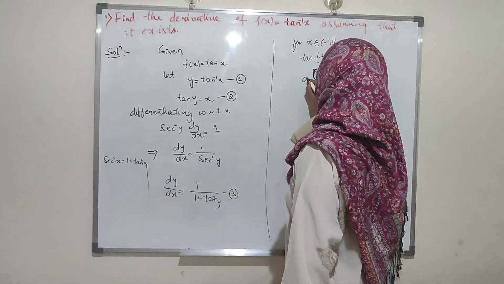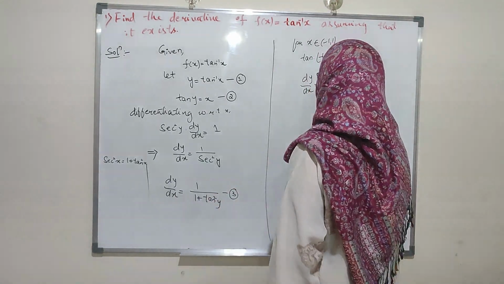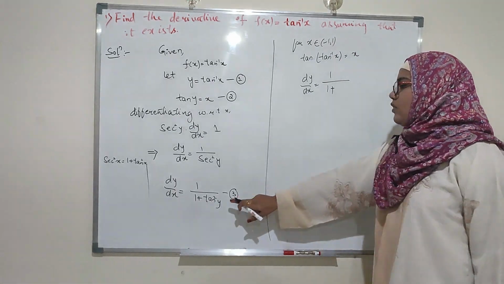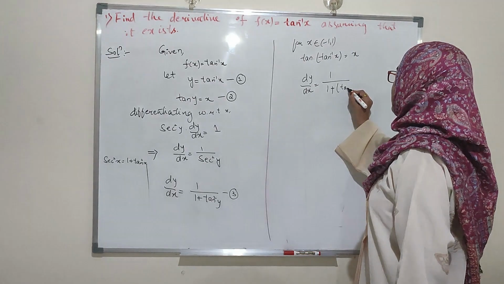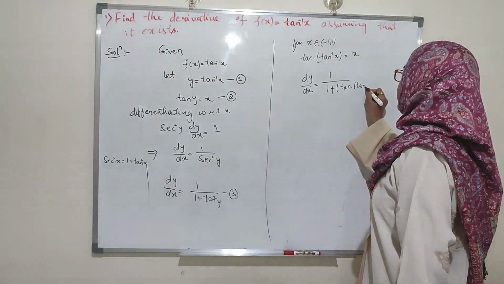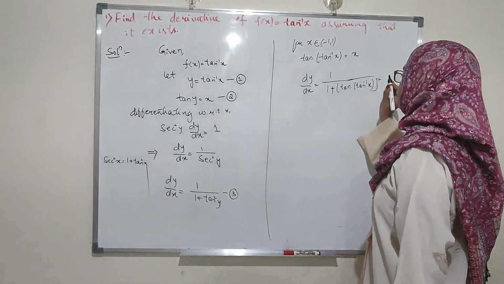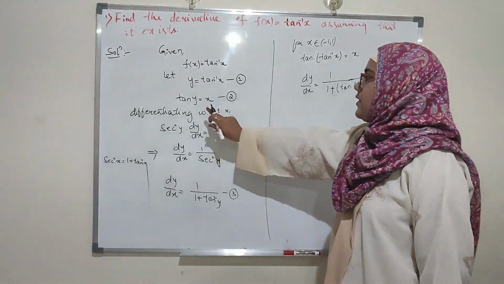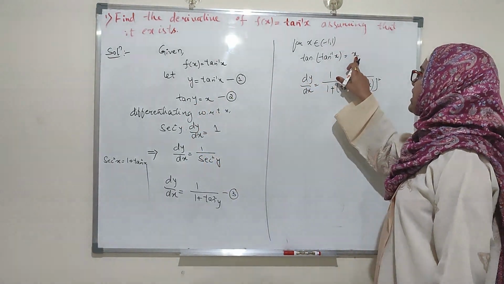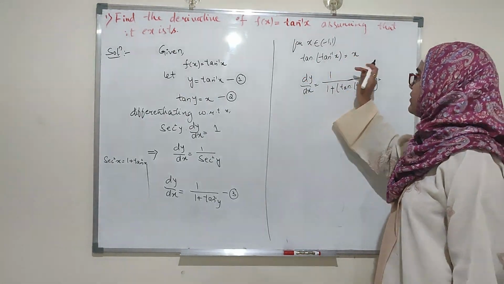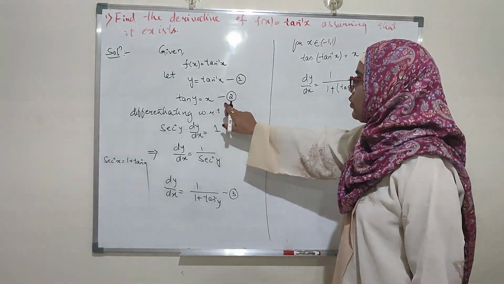So here dy by dx is equal to 1 divided by 1 plus tan of tan inverse of x whole square. Name this one as equation 4.